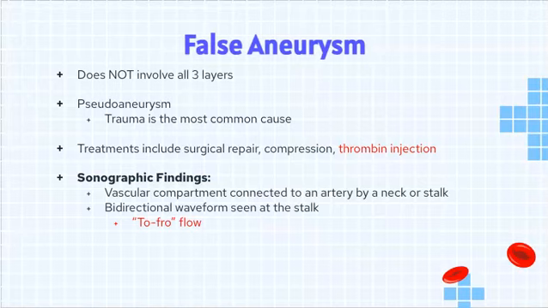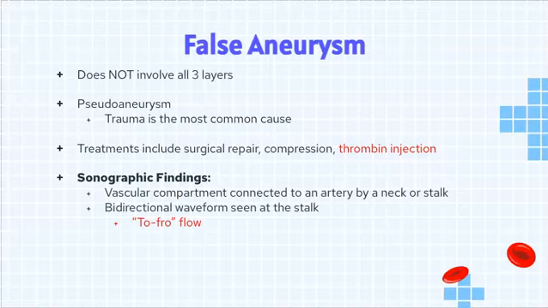All right, so going into our false aneurysm, these do not involve all 3 layers. Whenever you think of a false aneurysm, think of our pseudoaneurysms. Those are usually caused by an injury to the vessel wall, and then blood is leaked out and contained within the retroperitoneal space or those surrounding soft tissues.